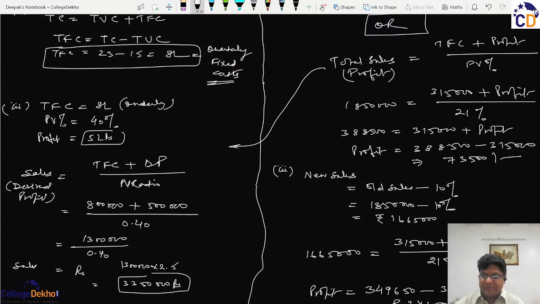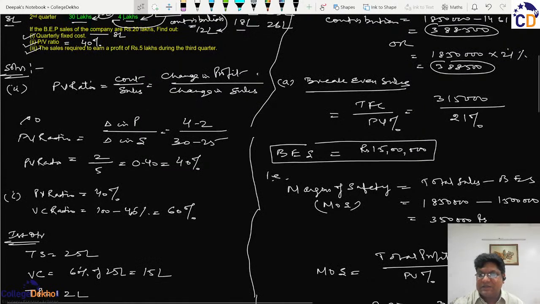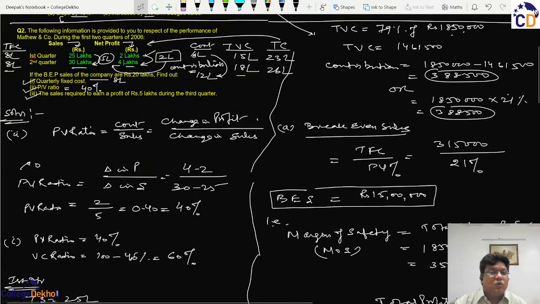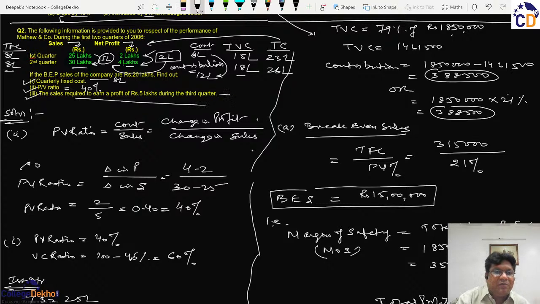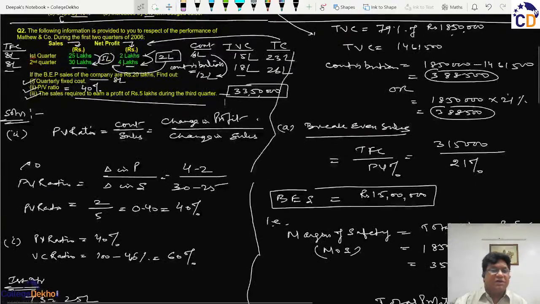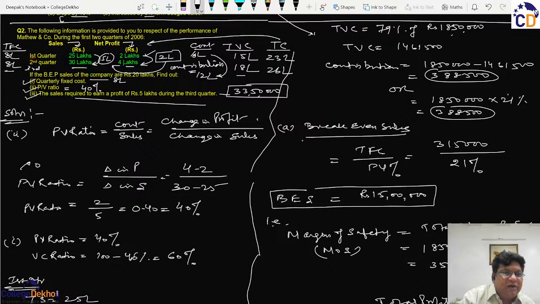So we can say that to earn a desired profit of rupees 5 lakh during the third quarter, the company's sales need to be increased to 33 lakh 50,000. If we increase the sales in the third quarter to 33 lakh 50,000, the profit will become 5 lakh.